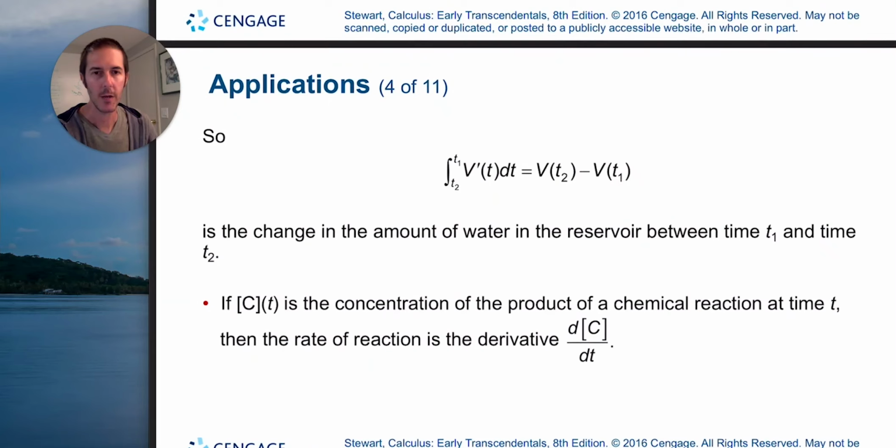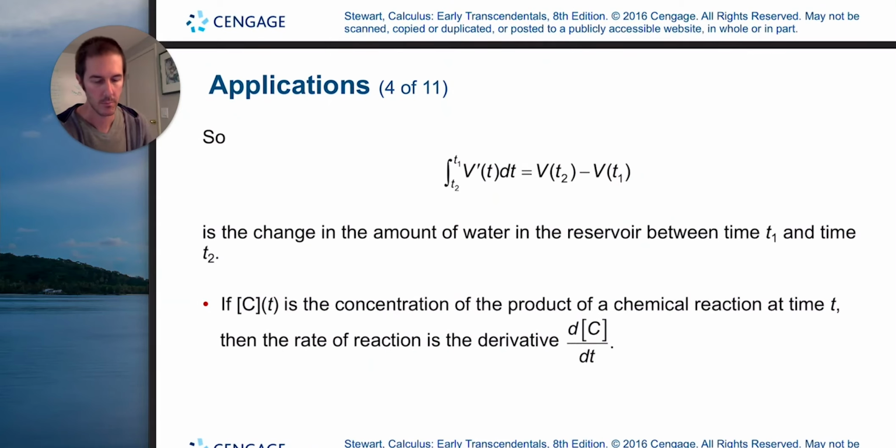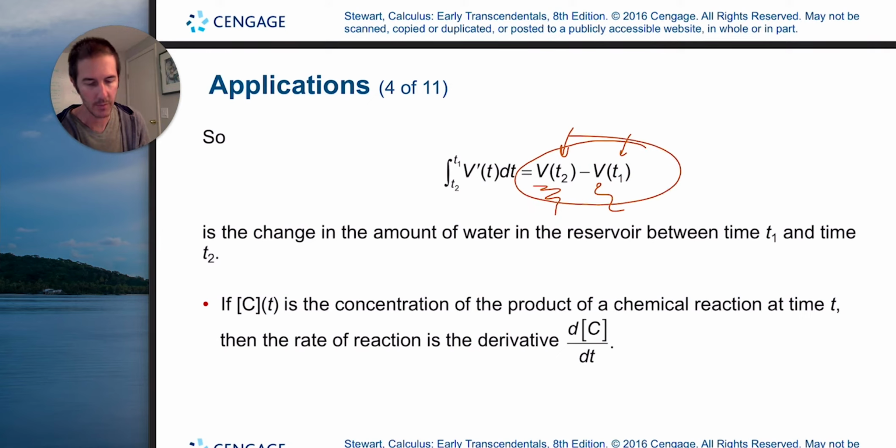So if we integrate the derivative, remember that capital V stands for the volume in the reservoir, and V of t2 represents the volume of water in the reservoir at time 2, that's the later time, minus the volume in there at time 1, the earlier time. So what this ends up representing is a very specific change in volume.